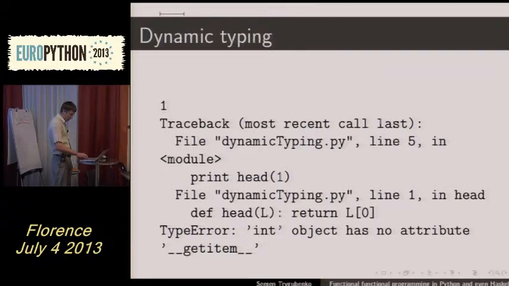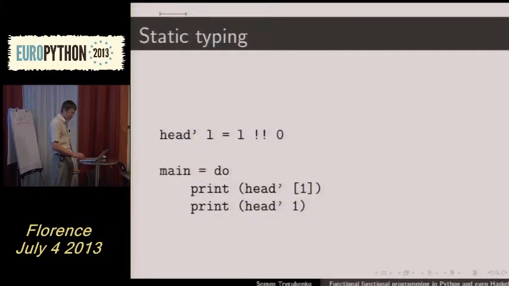So in Haskell, a very similar program will look like this. Function application in Haskell is just a space. Function application has the utmost priority, and primes can be in function names, and there's already a head function in current scope, so I had to name it head prime.